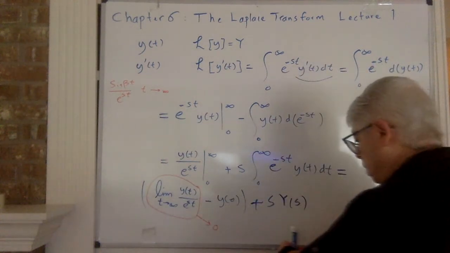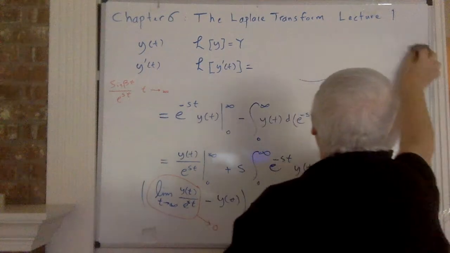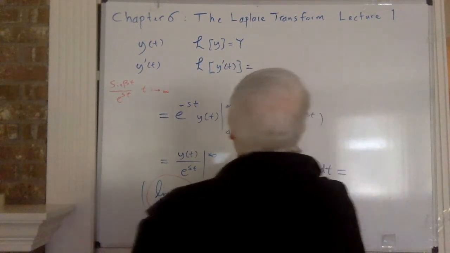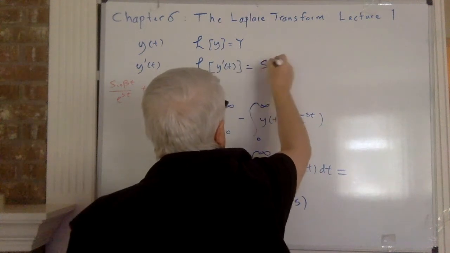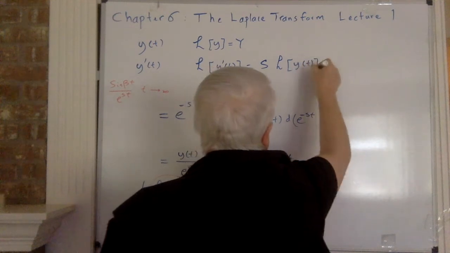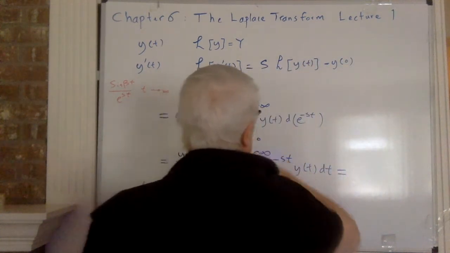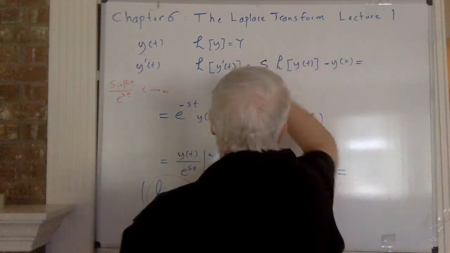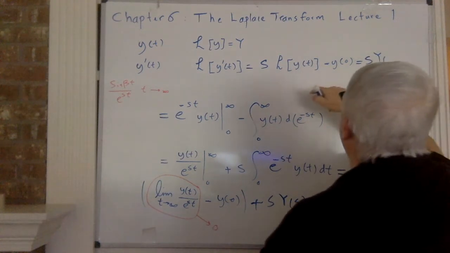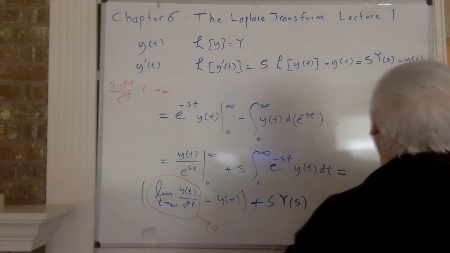Let me erase this and write the result here. So the result is, in fact, s times the Laplace of y(t) minus y at 0. Right? Or since I use this capital Y, that is sY(s) minus y at 0.